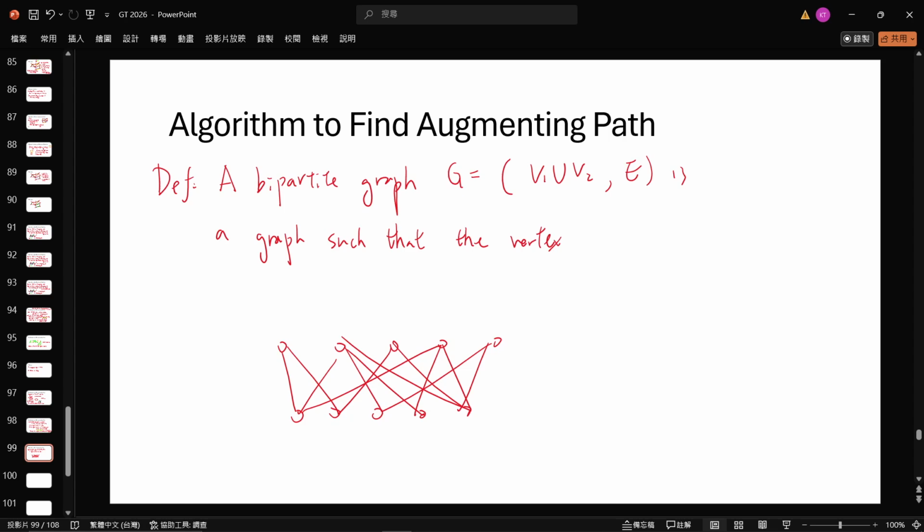Let me call this V1, the upper set, and this is V2. All the edges are between V1 and V2. You cannot have edges connecting two vertices in V1. This is not allowed.